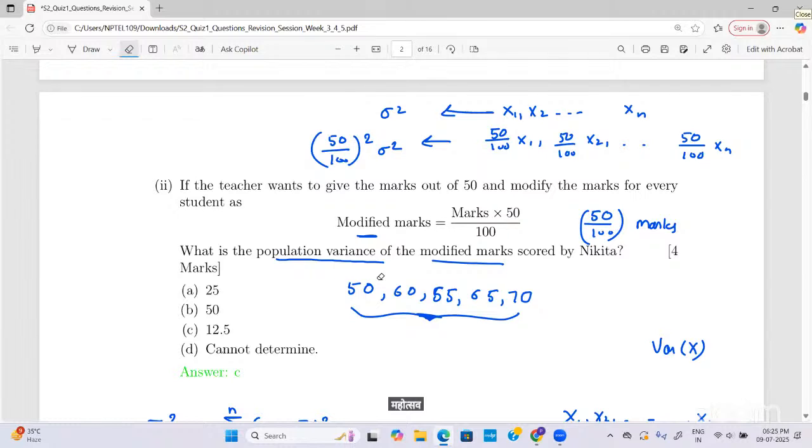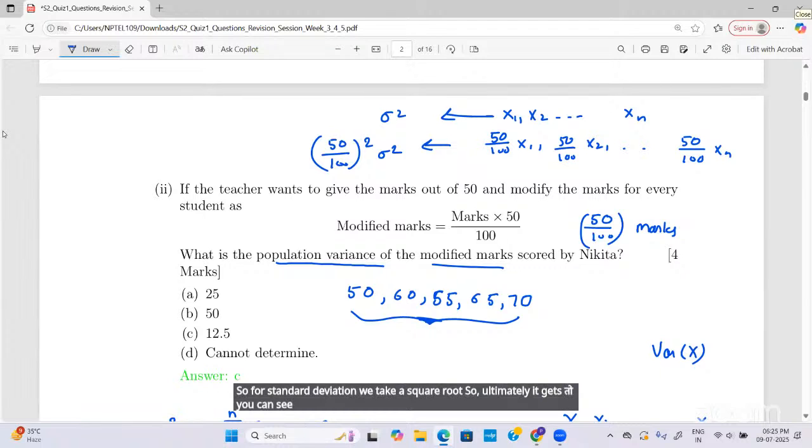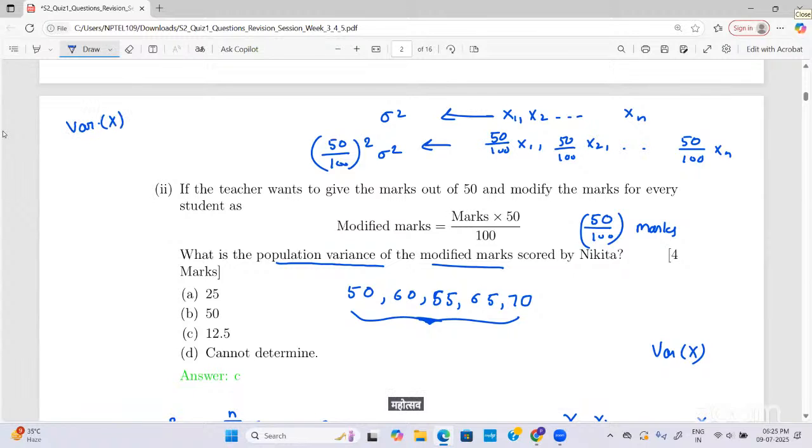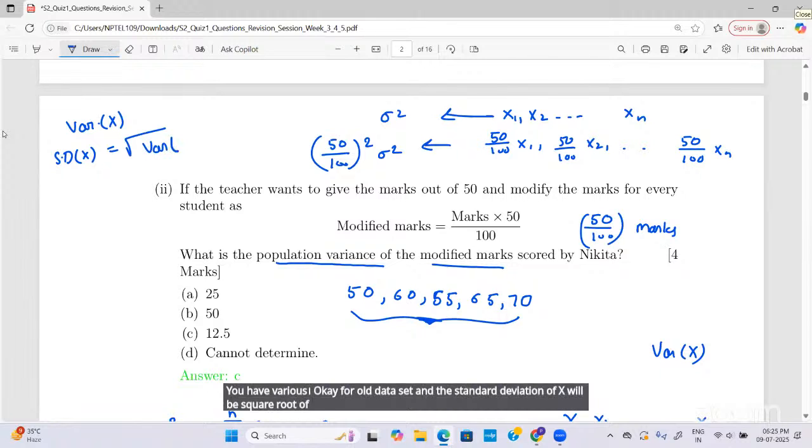Ma'am, for standard deviation, would it be c or c square? For standard deviation, we take a square root, so ultimately it gets c. You have the variance of x for the old data set, and the standard deviation of x will be the square root of the variance of x. Now you have done the modification.